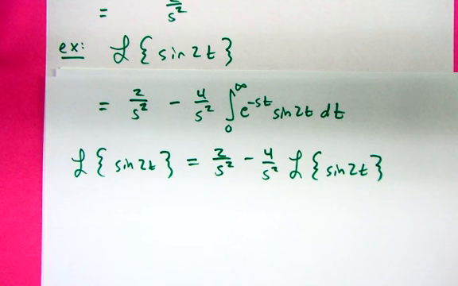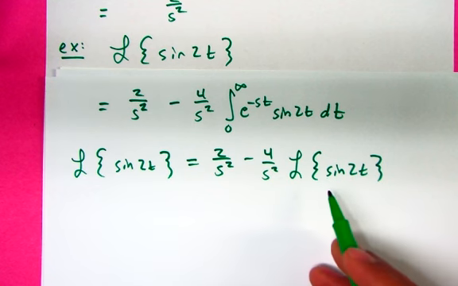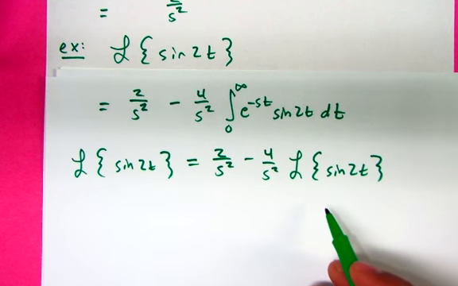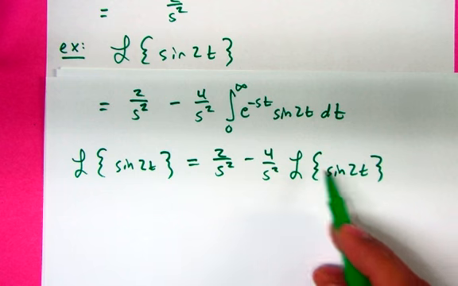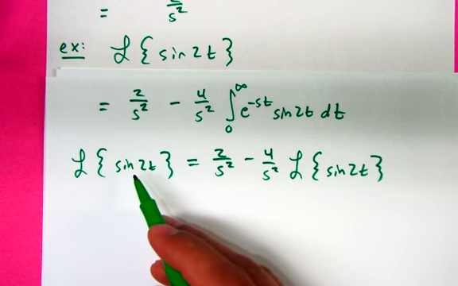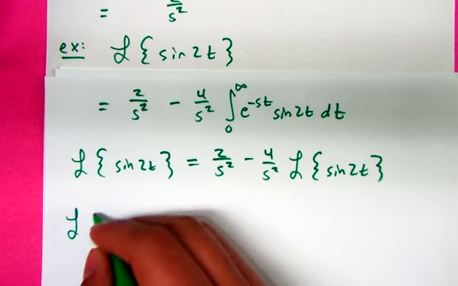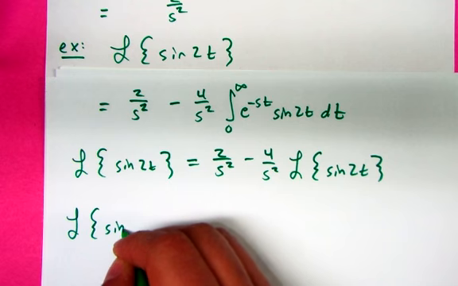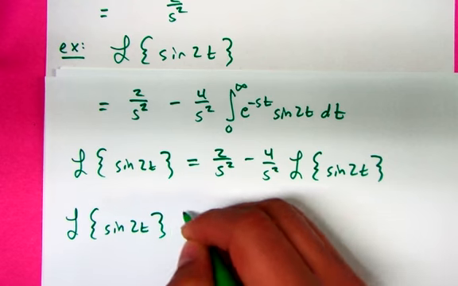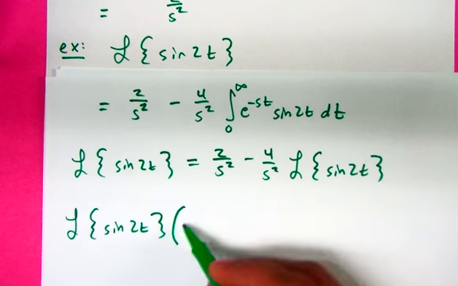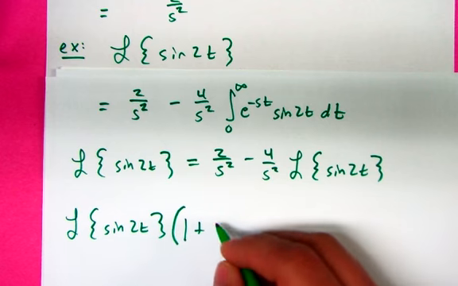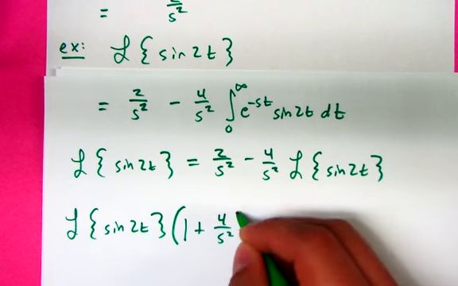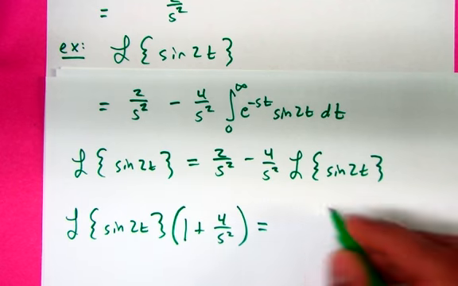So now what you could do is actually solve for it. If we move the Laplace transform to the left-hand side and factor it out, then we would have a 1 plus 4 over s squared equal to 2 over s squared.